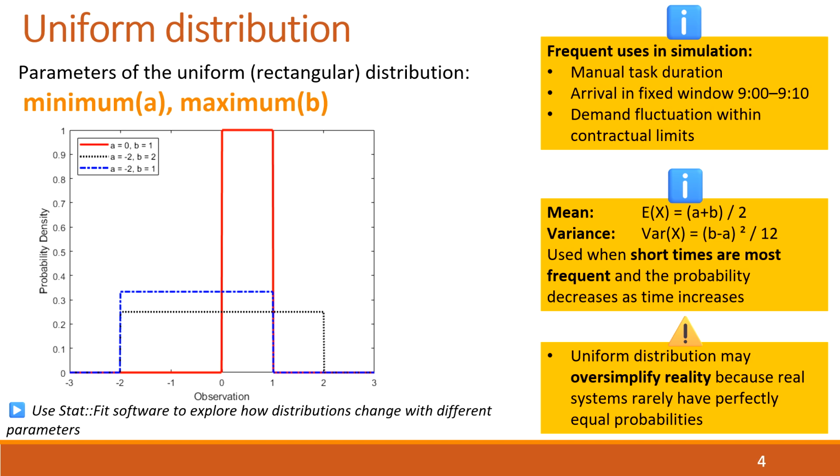The mean is the average of A and B, and the variance depends on the width of the interval. However, the uniform distribution can oversimplify reality, because real systems rarely have perfectly equal probabilities.